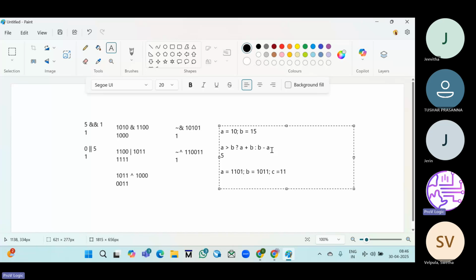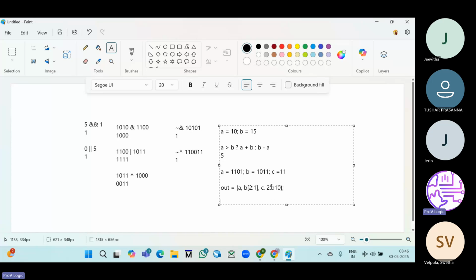Jarin, can you tell what is the output for this? Wait, Shweta will answer. Shweta, can you tell what is the output?